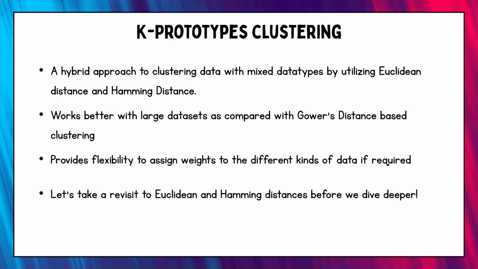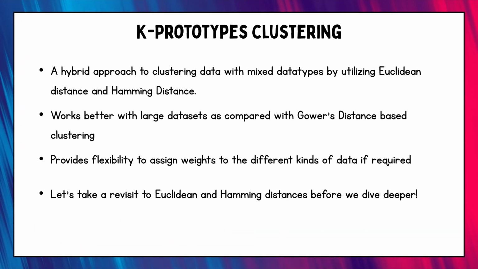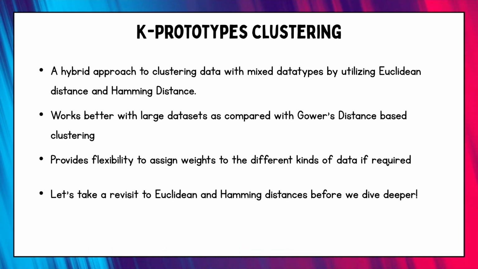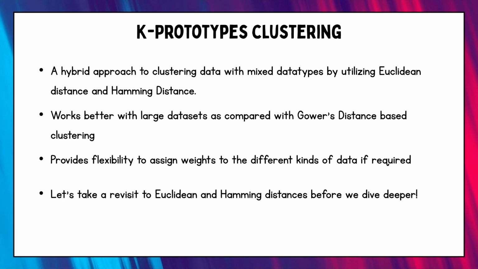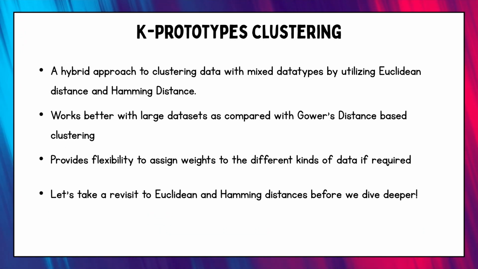So let me give you an introduction to k-prototypes clustering and what it is all about. It is based on the idea of utilizing the good things about the k-means and k-modes clustering algorithms to devise a new kind of clustering algorithm, where we can treat the numerical variables using Euclidean distance like we used to do in k-means, and treat the categorical variables using the Hamming distance as we used to do in k-modes, and then combine both of these distance metrics.